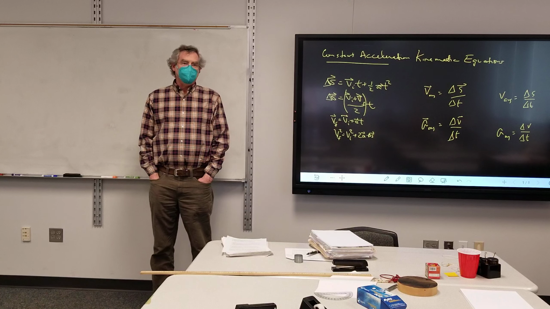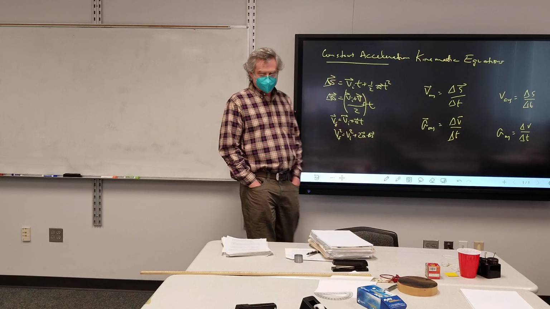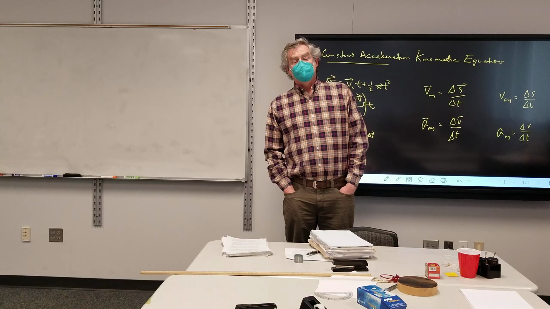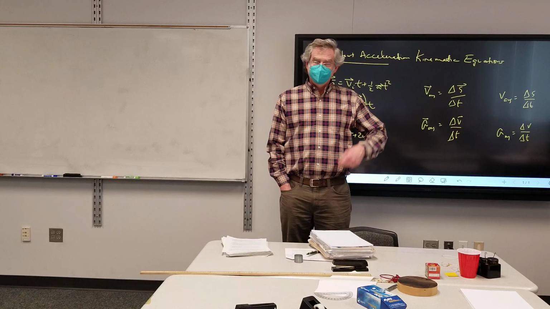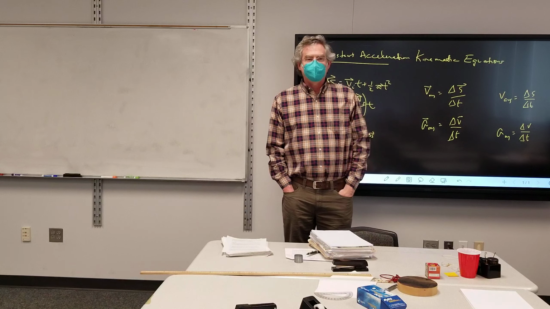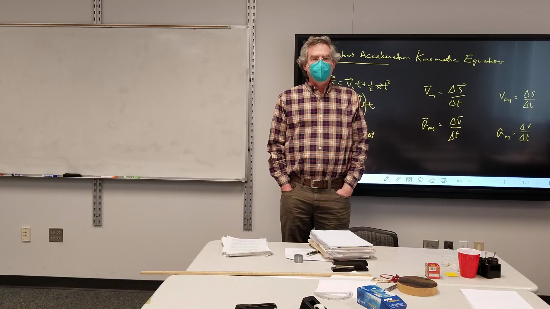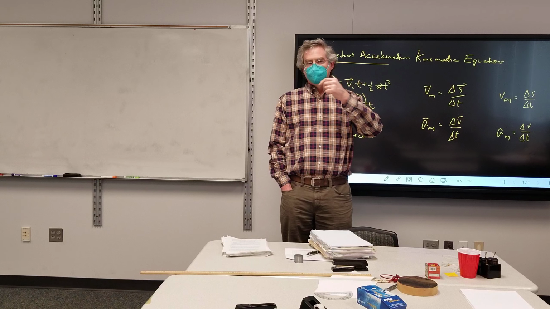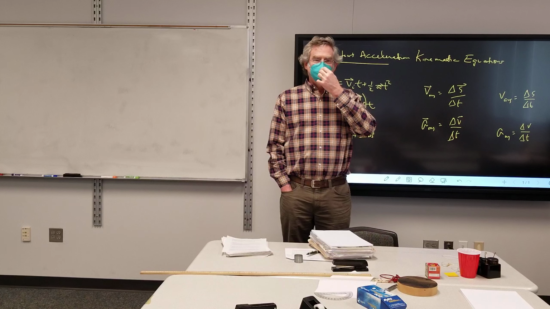If we're ignoring air, then more massive objects are harder to move, but they also have a greater force acting on them, so it balances out. Does that answer your question there? Yes. All right, other questions?